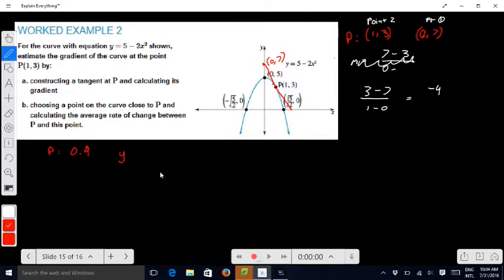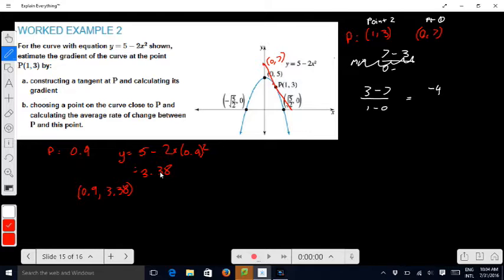Our y coordinate at that point, using our function, is 5 take 2 times 0.9 squared. Working that out, we get about 3.38. So that's a point that's close to P.